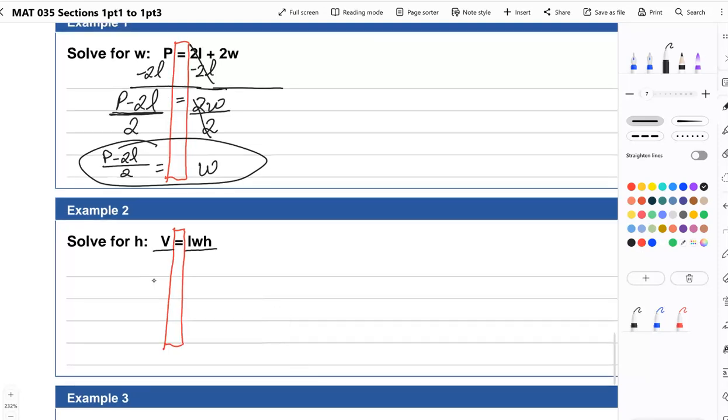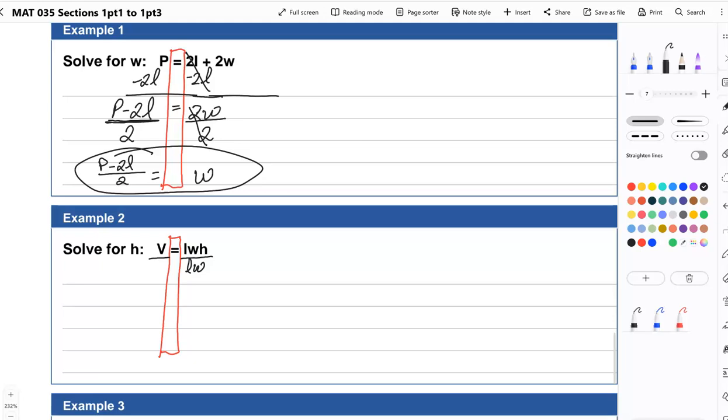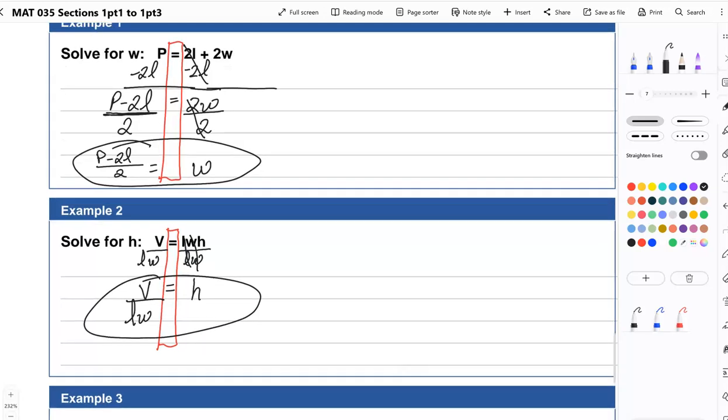All of these terms are multiplied together, so I'm going to move the L and W at the same time by dividing. What I do to that side, I've got to do to the other. So the L's and W's are going to reduce. I'm going to have just a 1H, or just H, on the right. On the left, I'm going to have V divided by LW. So there's our answer.